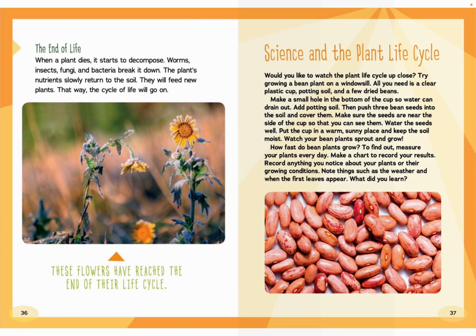Add potting soil. Then push three bean seeds into the soil and cover them. Make sure the seeds are near the side of the cup so that you can see them. Water the seeds well, put the cup in a warm, sunny place, and keep the soil moist.